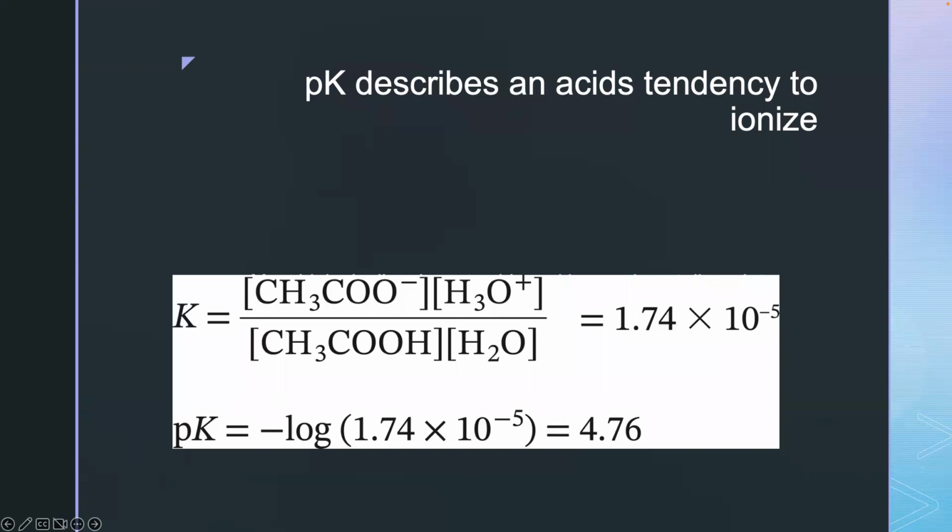So equal acid, equal base. These values are going to be constants. And so in order to figure out what's called the pK, you will take the negative log of that constant, and that's going to give you the pK value.